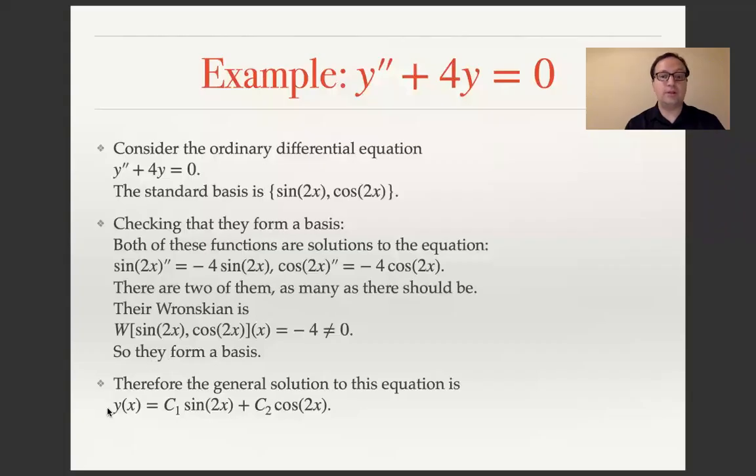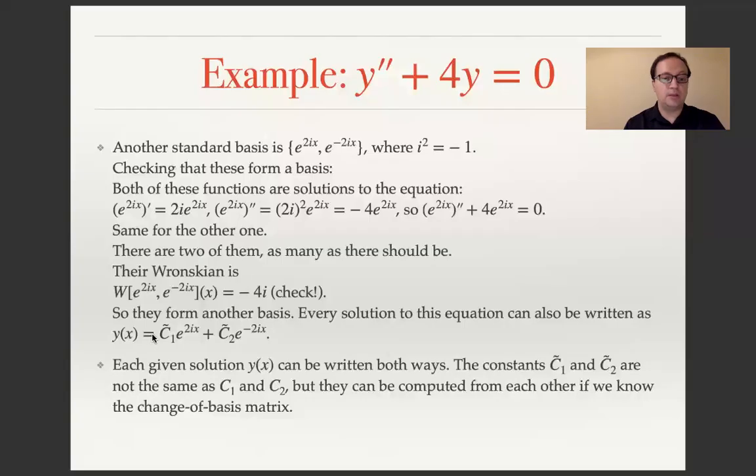So every solution can be written both as c1 times sine of 2x plus c2 cosine of 2x, and as c1 tilde e to the 2ix plus c2 tilde e to the minus 2ix. So two different ways of writing the general solution to this equation. It is clear that there should be a relation between the two ways of writing the solutions, and we'll look at it on the next page.